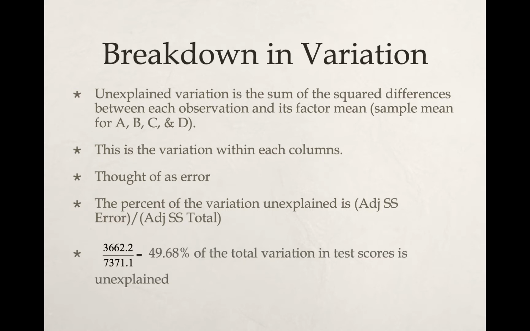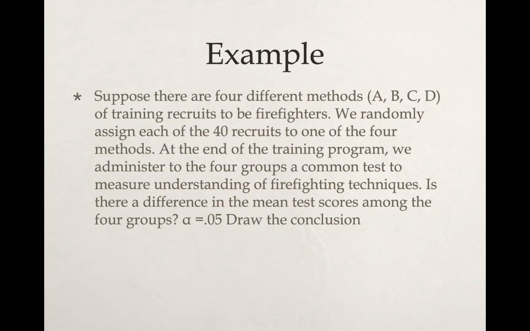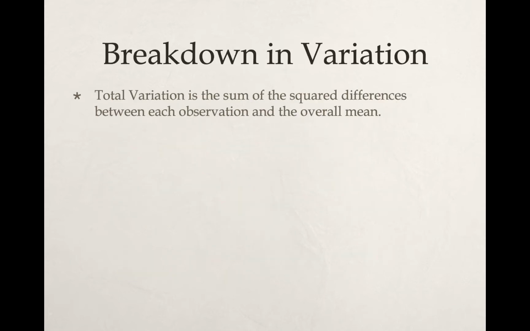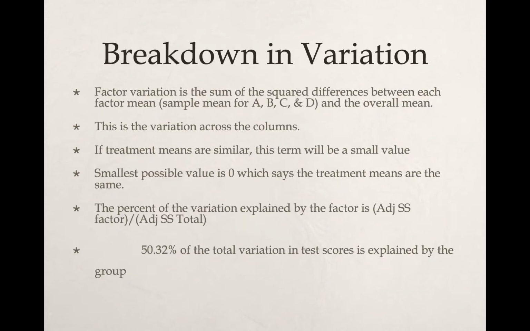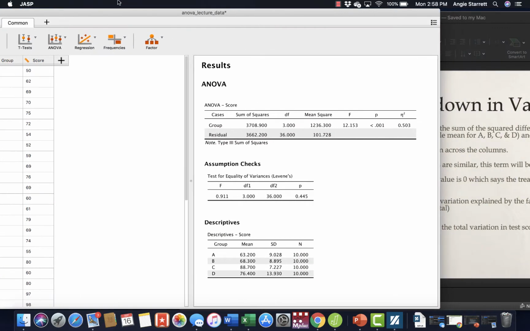How does 49.68% compare to 50.32%? Hopefully you see it as the complement to 100%. If you want the percent explained by the factor, you are going to check eta squared, or your effect size. You get the percent explained by the factor or the group here, 50.3%.